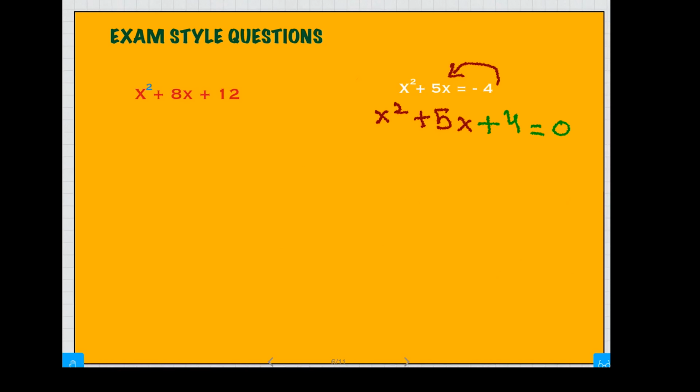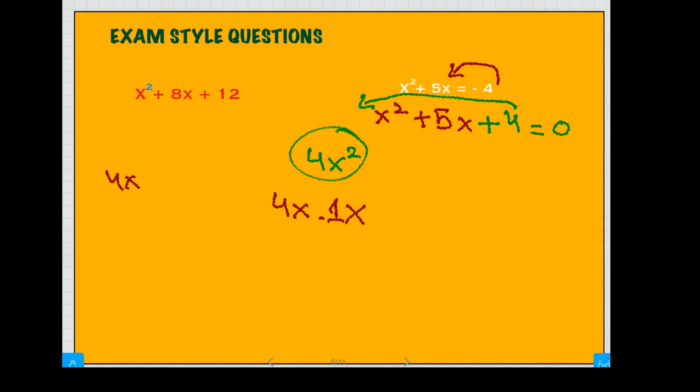Same method we need to do. We need to times 4 with this one, 4x squared. That gives us 4x squared. I know that 4x times x, or 4 times 1x: 4 times 1 is 4, and 4 plus 1 equals 5.